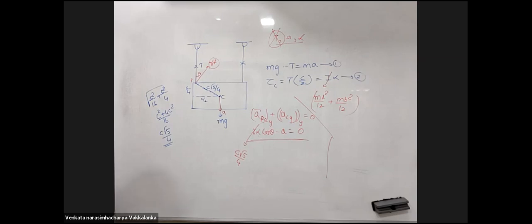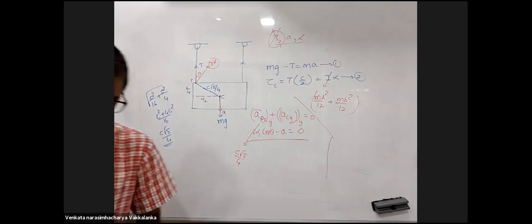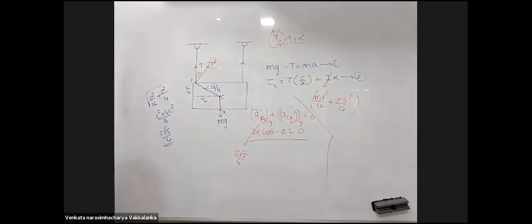What are you getting? I am getting acceleration of center of mass in terms of g and c. What is the answer given? Could somebody see and tell me? Sir, a is 12g by 17 and alpha is 24g by 17c. All of you should get that. Remember.